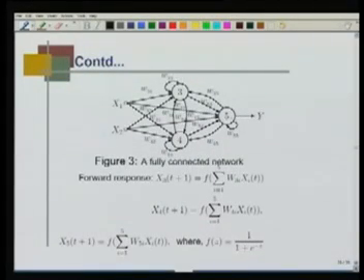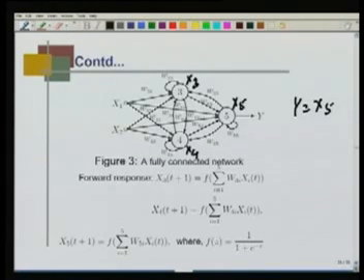We have 3 neurons and 2 external inputs x1 and x2, and 1 output y. Let us say the outputs of these neurons are x3, x4, and x5. So, y is x5.